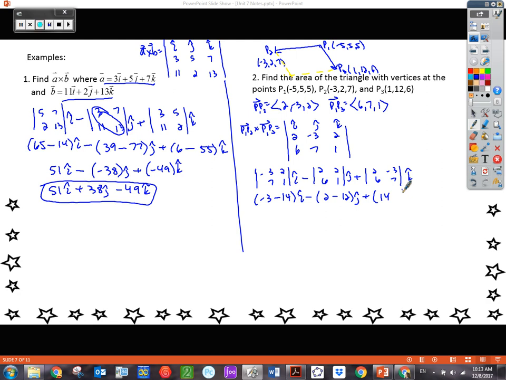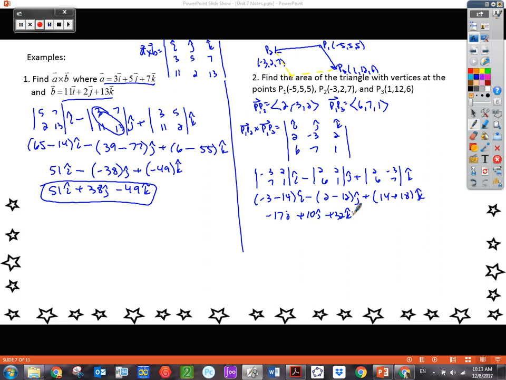So we're adding that, right? So plus 18k. So let's clean that up and get that vector. So that vector is negative 17i, plus 10j, plus 32k.